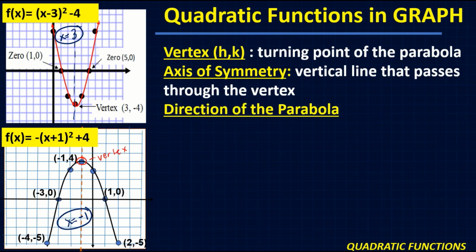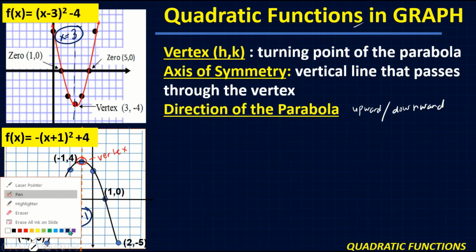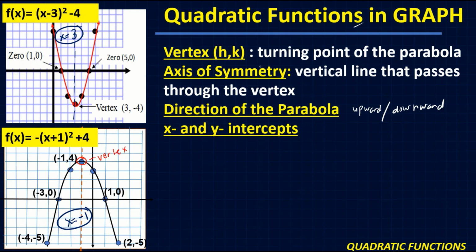Next, we have the direction of the graph. Since we are dealing with quadratic functions, yung direction ng graph natin, it is either upward or downward. Ito ay depende sa sign ng a natin sa equation. Next, we have the x and y intercept.